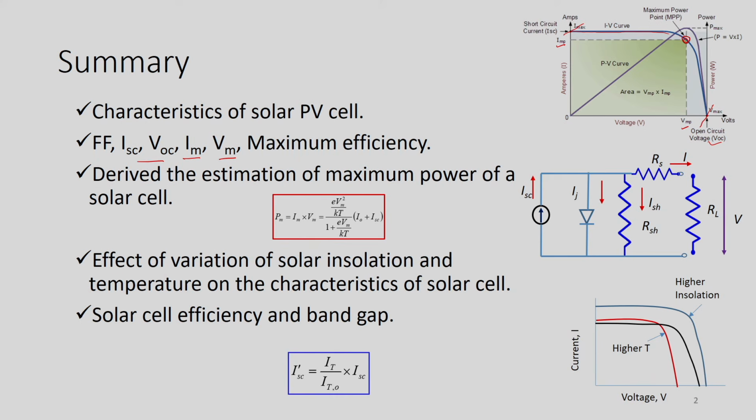In order to analyze the performance of a solar cell, we have to take help of this equivalent circuit diagram, which comprises a current source which provides ISC, IJ is the current that flows through this PN junction, ISH is the current through the shunt resistance, and I is the current which flows through the load resistance having a voltage drop of V. Normally this shunt resistance RSH is very high compared to RL, and the internal series resistance RS is very low compared to RL.